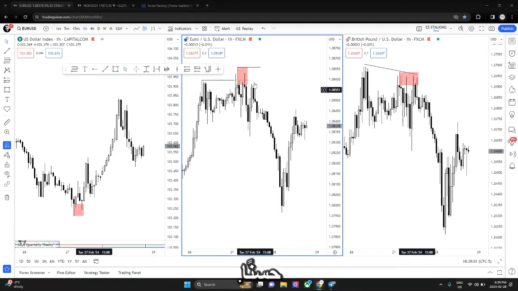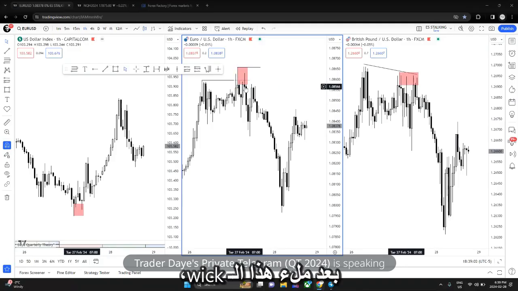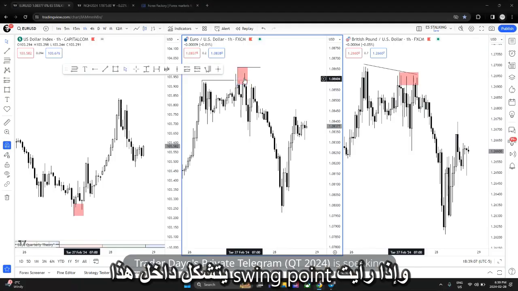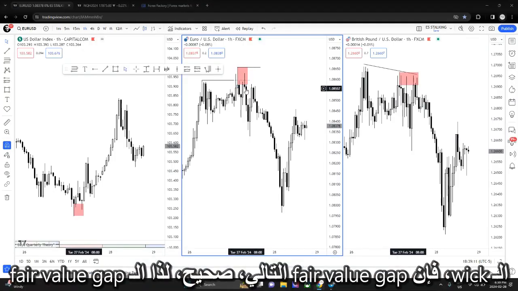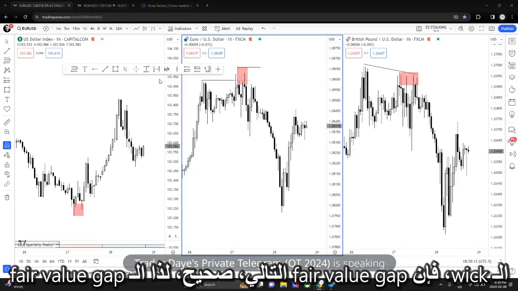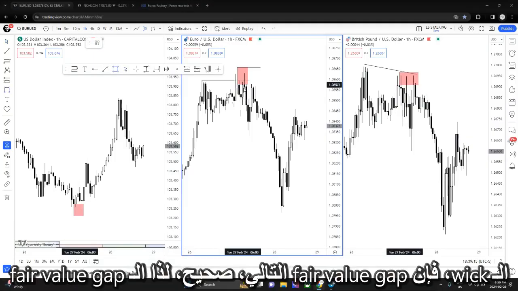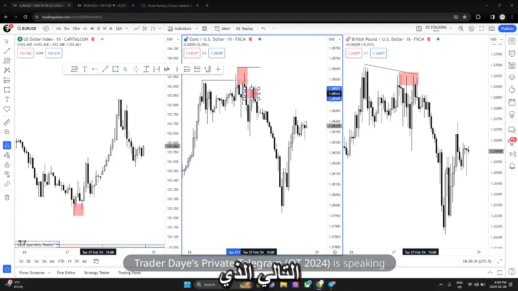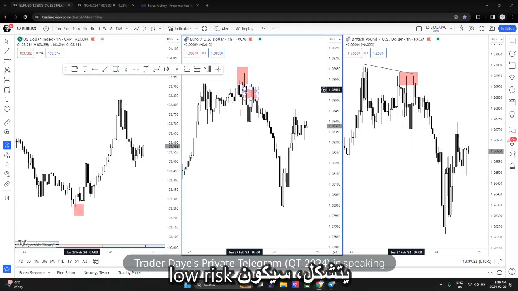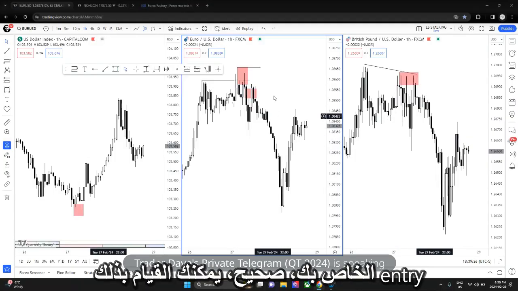Okay. So after this wick gets filled, and if you see a swing point form within this wick, the next fair value gap that forms, that would be your low risk entry, right?